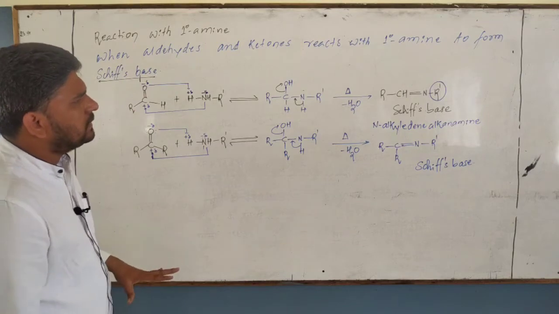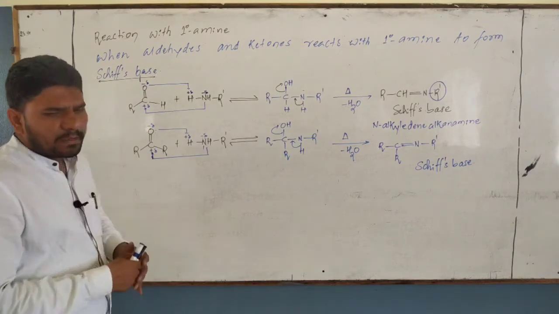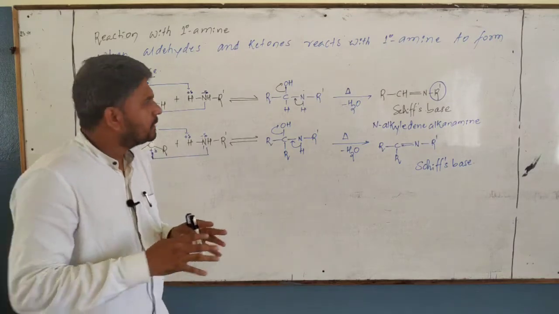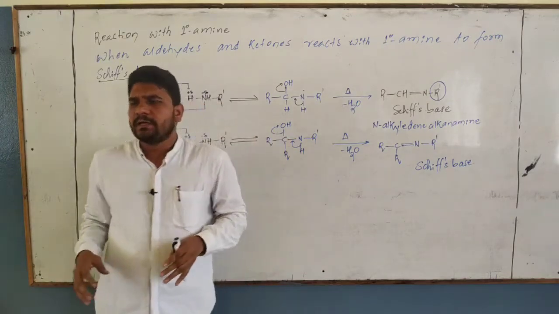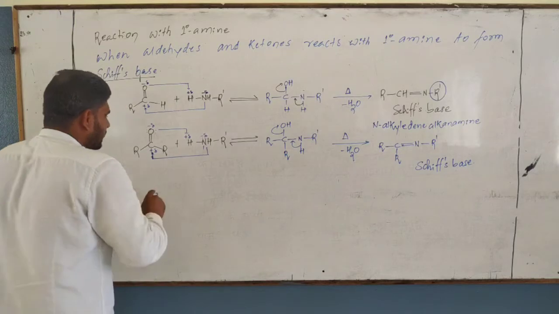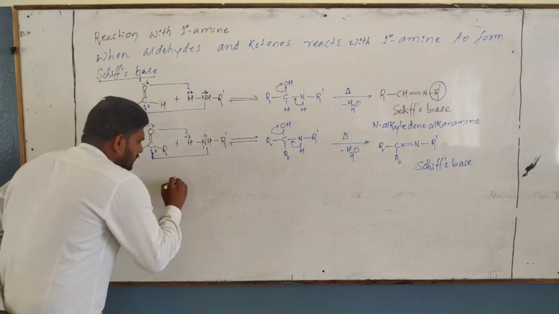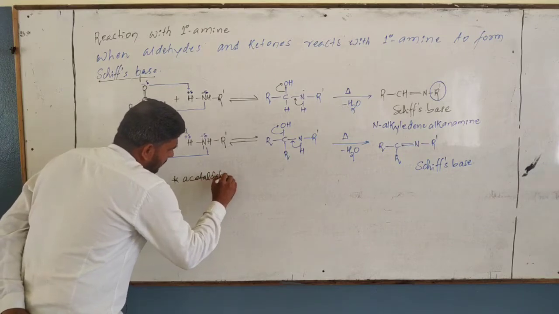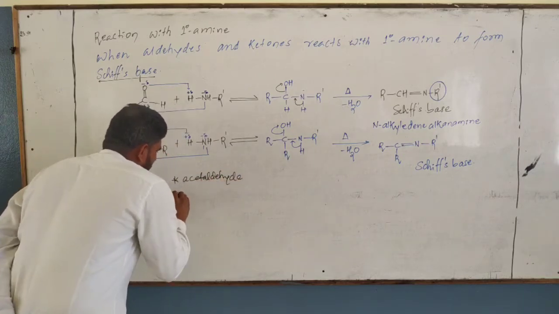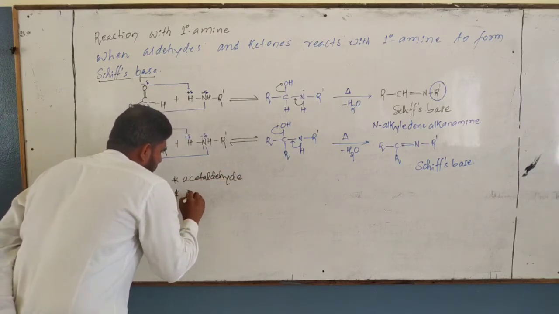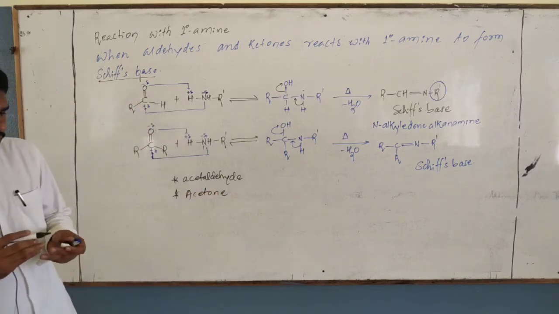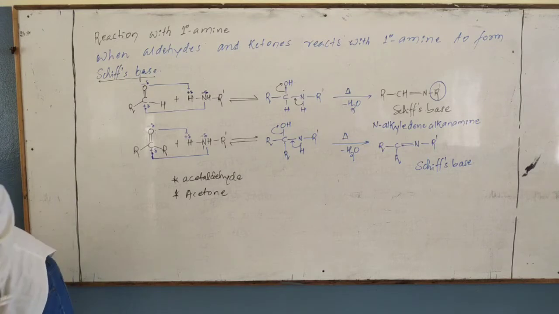This is regarding reaction with primary amine. Specifically, you write down the same reaction by taking first acetaldehyde, and you write down the reaction by taking a ketone, that is acetone. Okay.